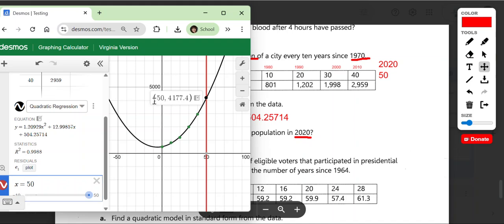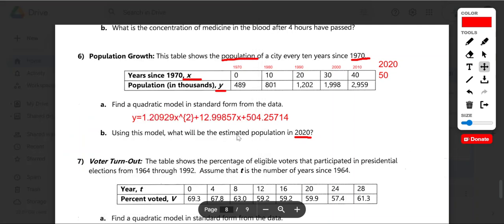We know that if it's been 50 years since 1970, then the population has to be 4,177.4. So the estimated population for 2020 has to be equal to this value of y.